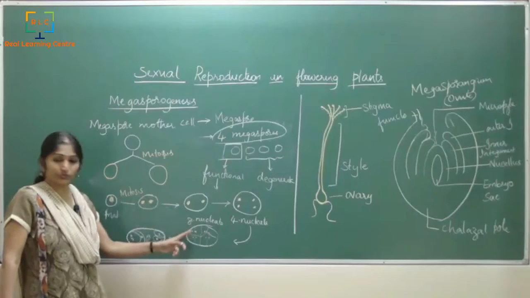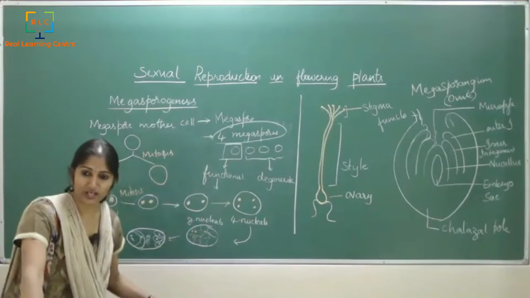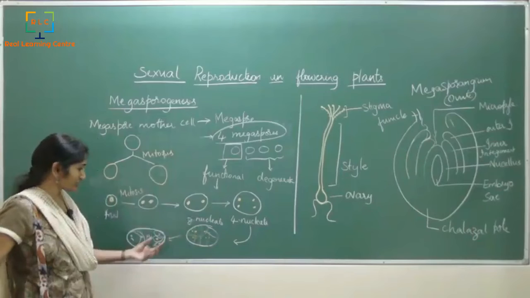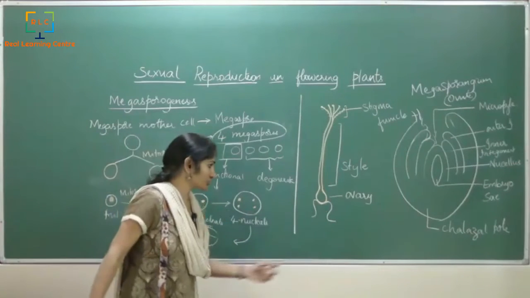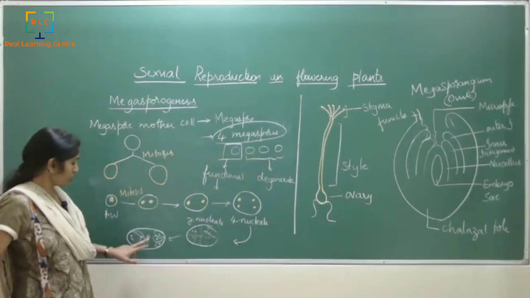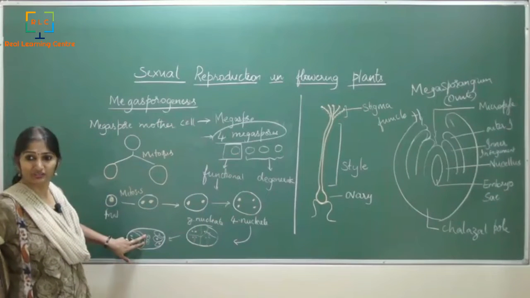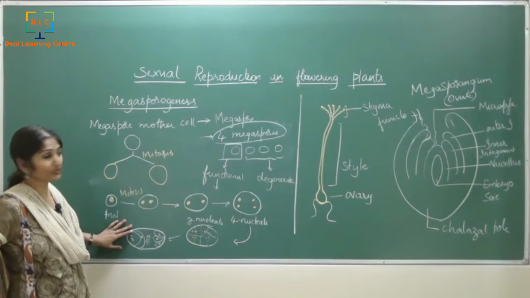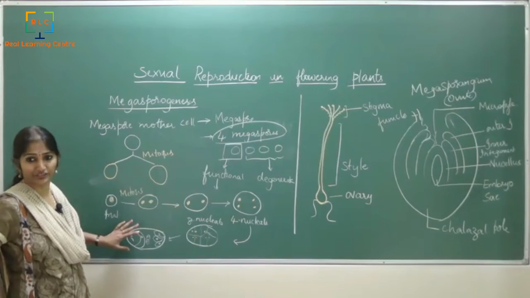Now all the 8 nuclei would move towards the poles, such that 3 of them would come to the chalazal pole, 2 of them would remain in the center, and the other 3 would move to the micropylar region. I hope this part is clear, right?